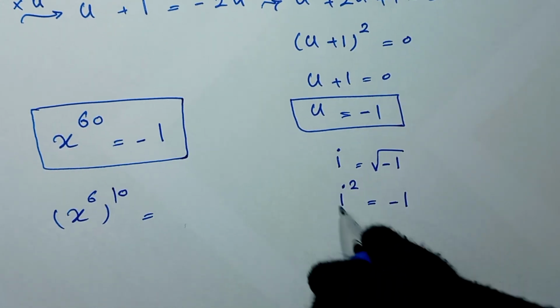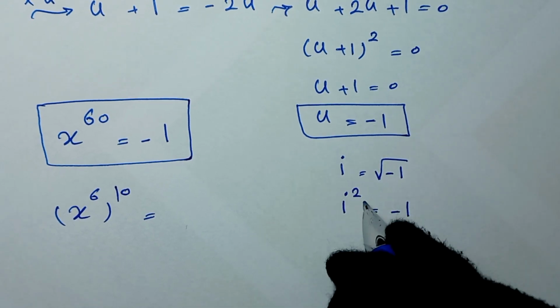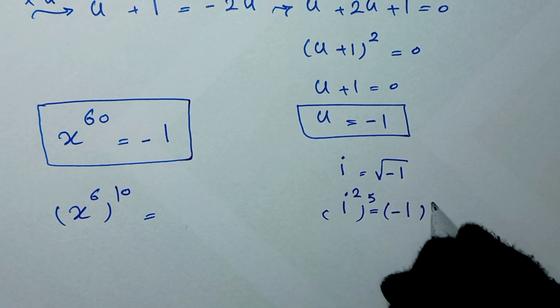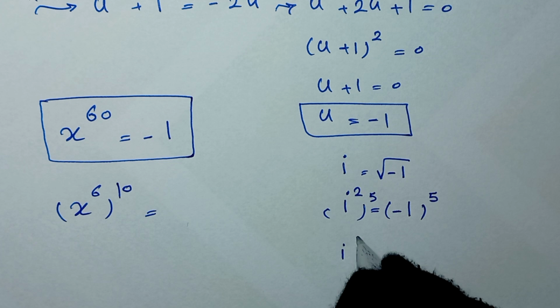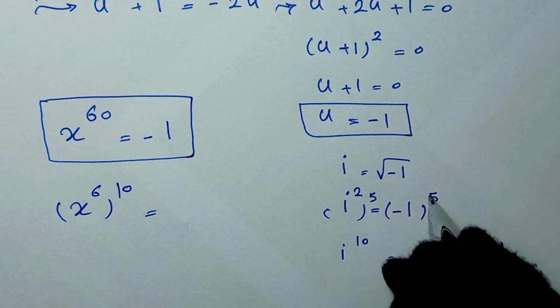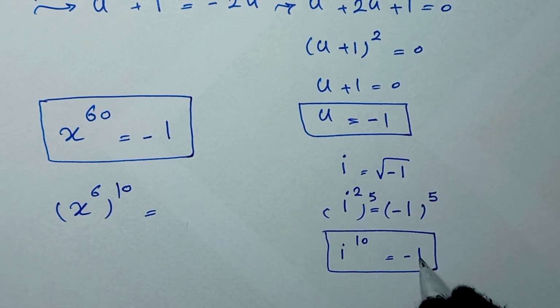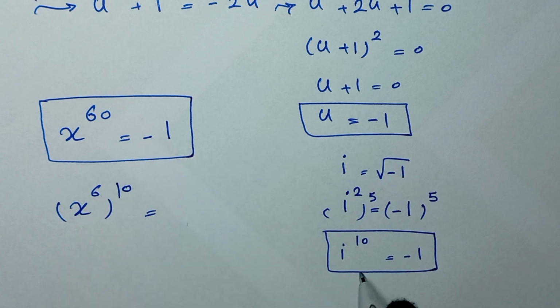And from here, if we raise both sides of this equation to the power of 5, it will be i to the power of 10 is equal to negative 1 to the power of 5, it will be negative 1. So we can write negative 1 as i to the power of 10, right?